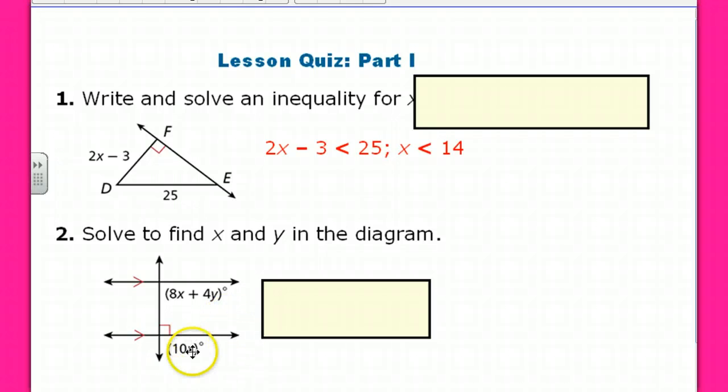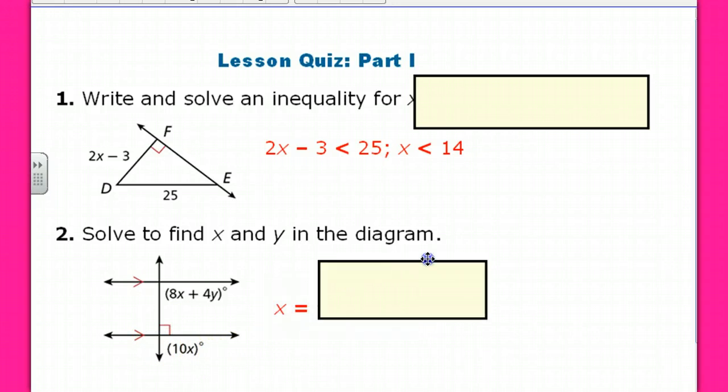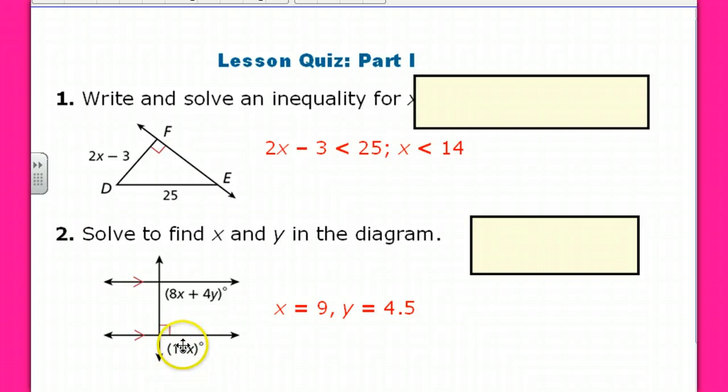Good, and so x equals 9 because it has to equal 90 because it's supplementary, good. So x equals 9 because we know that if this is a 90-degree angle, then this is a 90-degree angle. This is a corresponding angle too, to a 90-degree angle.